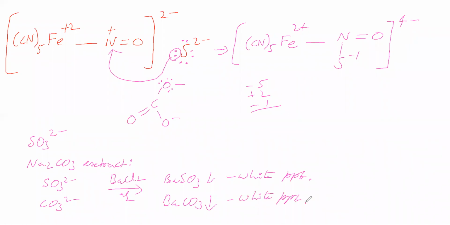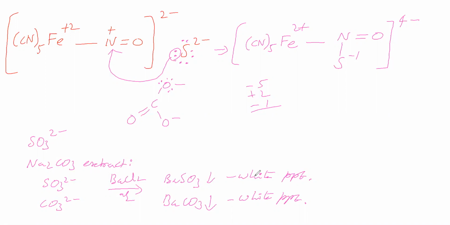Now say, is carbonate an interfering radical or not? Suppose you are getting a white precipitate while doing the confirmatory test, which is only meant to confirm sulfite. When you are doing the test, sulfite should be involved in the reaction, but not carbonate.